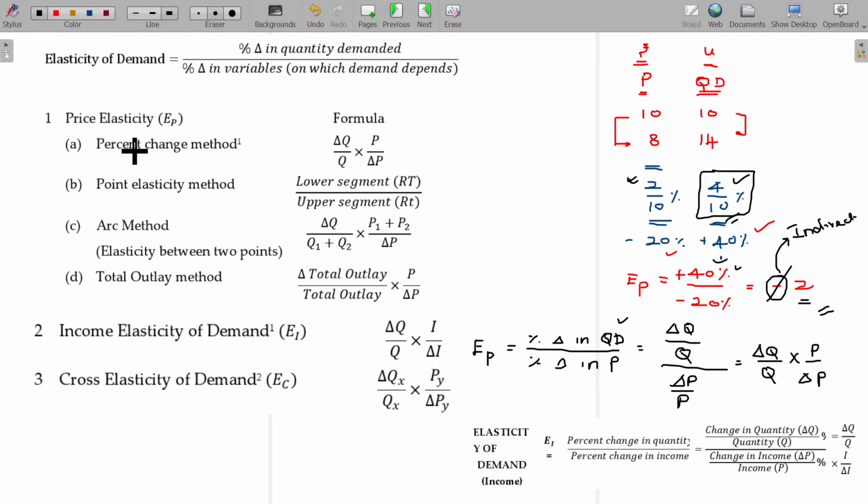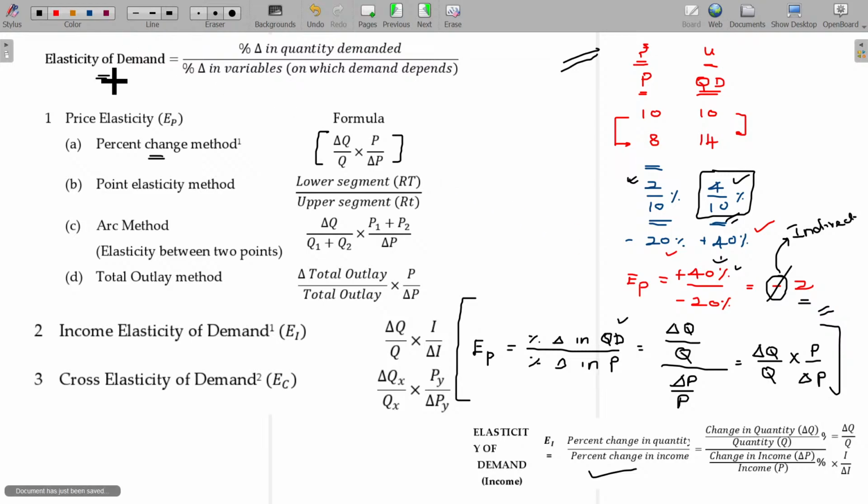So in simple terms, in the percentage change method we directly get change in quantity divided by quantity into P by price change. This is the derivation of the formula. And I just illustrated it without any formula here. It's simply logic.